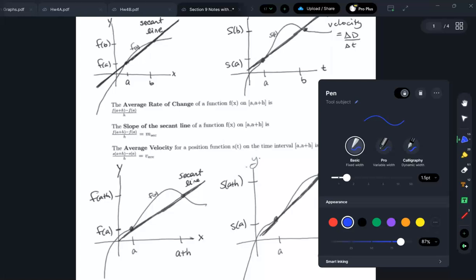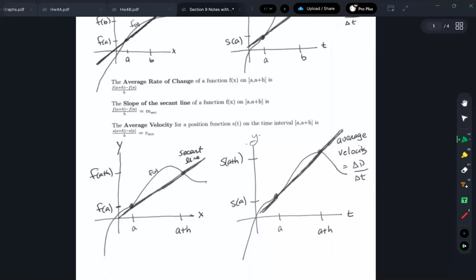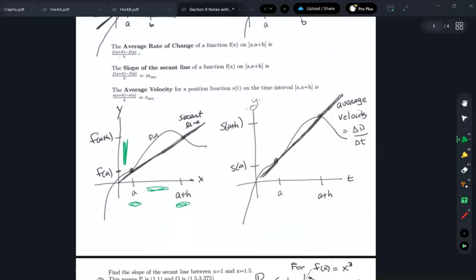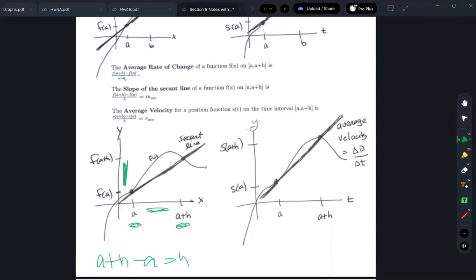So now let's look down here. This is just using two different x values, A and A plus H. This is still the same thing, change in the y values over change in the x values, and you can see that A plus H minus A gives us H, and that's the denominator. So slope of the secant line or average rate of change, those are the same.